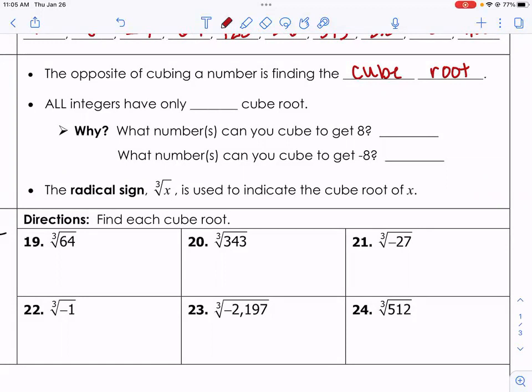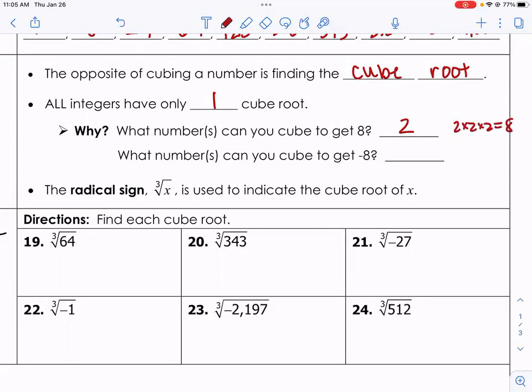Now, all integers are only going to have 1 cube root. Do you remember how with square roots we had 2, a positive root and a negative root? Well, there's only 1 cube root for every integer. Like, I can give you 8. What cubed gives me 8? 2 is the cube root of 8, because 2 times 2 times 2 equals 8.